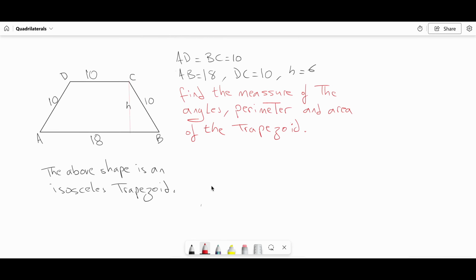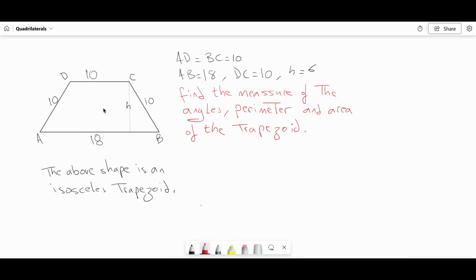So here we're looking at a trapezoid, and in this trapezoid we have some information that is being given. We have that side DC is equal 10. We have that AB, the longer side of the trapezoid, is equal 18.